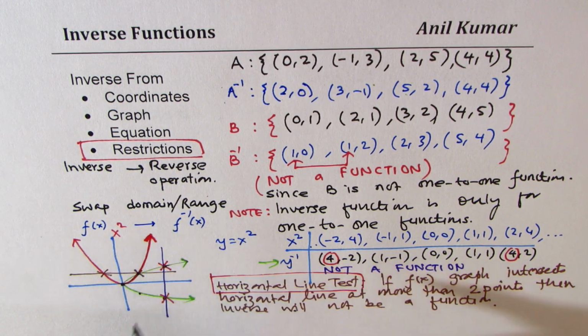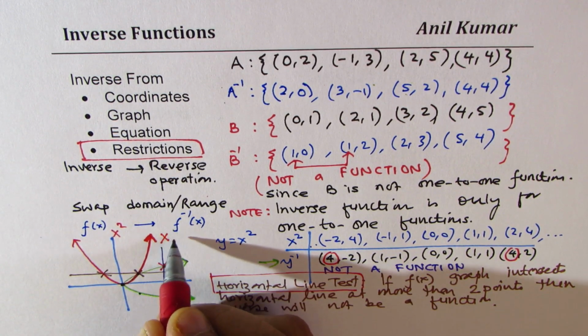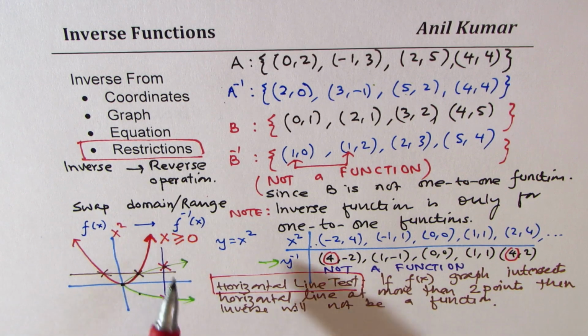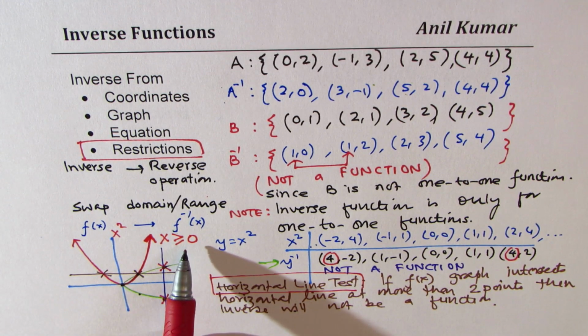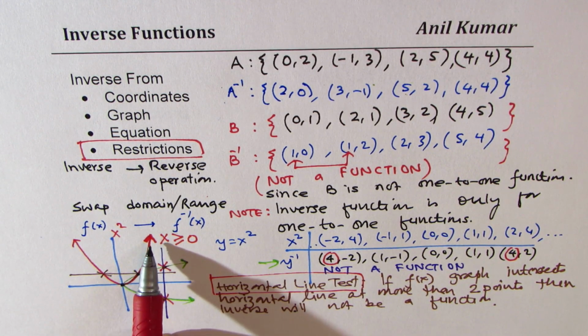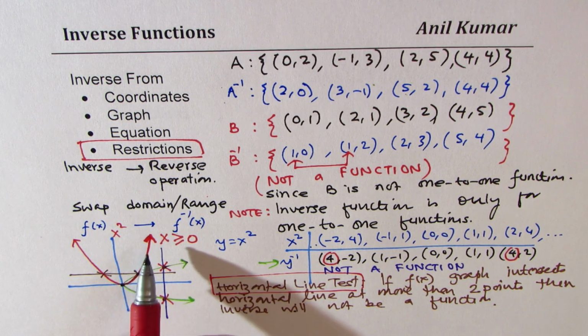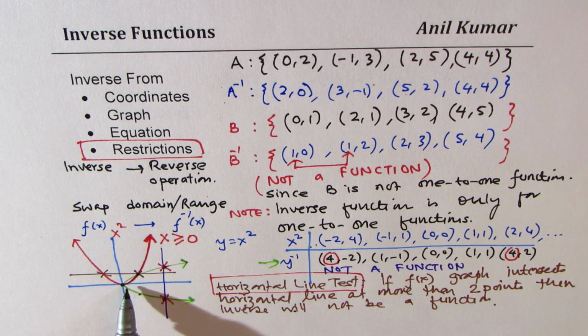For example, in this case, the restriction could be x greater than or equal to 0. So that restriction will enable us to make inverse a function. Do you understand? So this is what we'll now discuss.